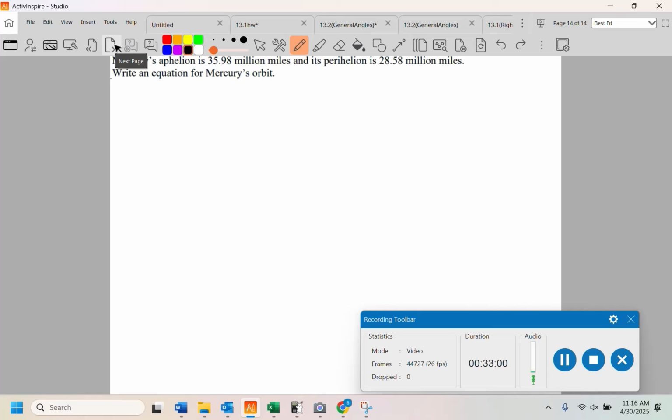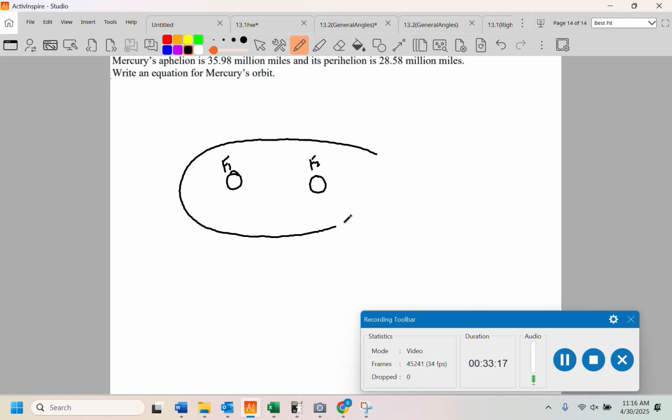All right, Mercury's aphelion is 35.98 million miles. So remember, we have the sun, which is one of two foci. It's the primary one. But there's another focus over here, okay? One of your distances is going to be 28.58, and the other distance to that same focus is going to be 35.98.